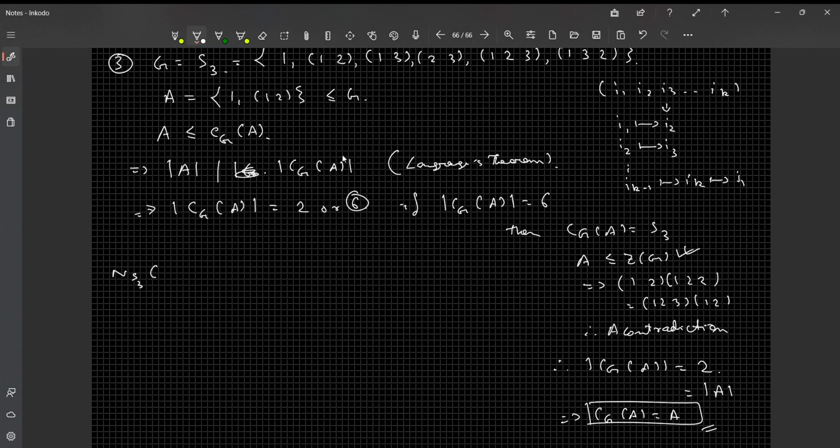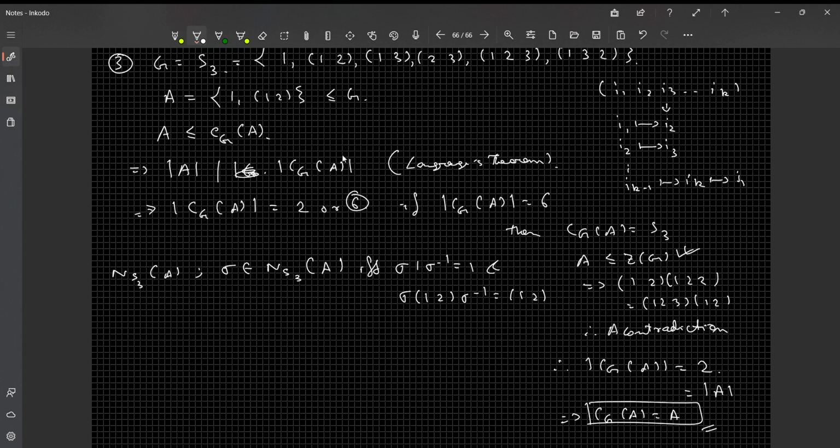What can we say about the normalizer of A? See, if I pick an element sigma from the normalizer of A, this happens if and only if sigma 1 sigma inverse equals 1 and sigma (1 2) sigma inverse equals (1 2), right?